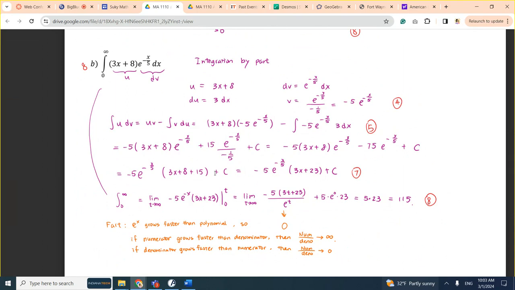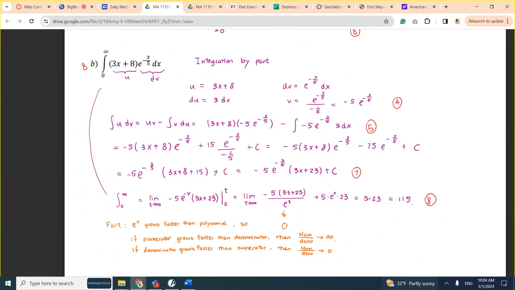So when you have your numerator and denominator, they're both functions of x, you have to determine which one grows faster. Do you know exponential functions grow faster than all the polynomials? Exponential function like this, polynomial function like that. So exponential function grows super fast. Therefore, the denominator grows faster.